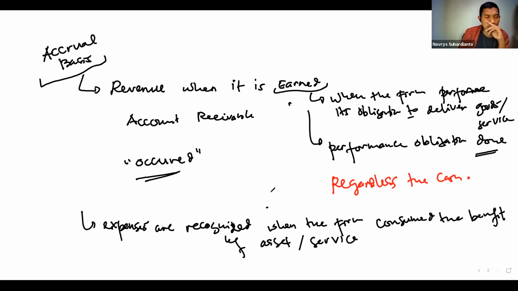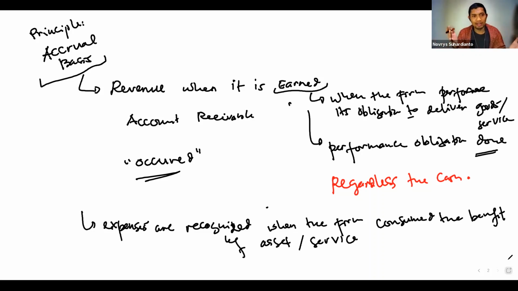Okay. From this principle, there are two types of transaction that can happen. Two types of transaction. Because there's a difference between cash payment or cash receipt and the occurrence of revenue and expense.